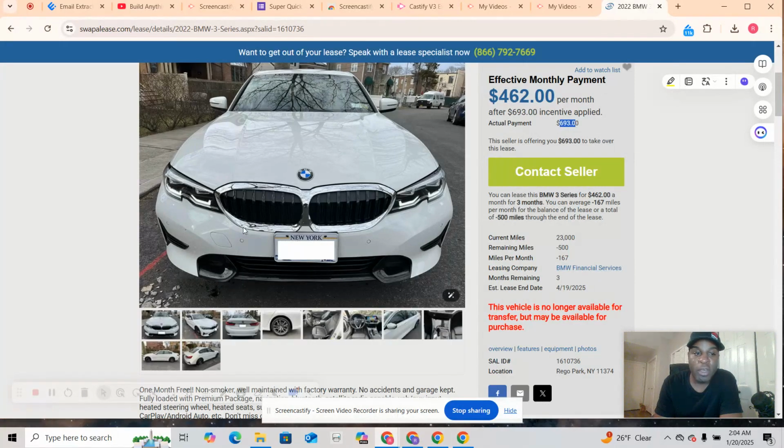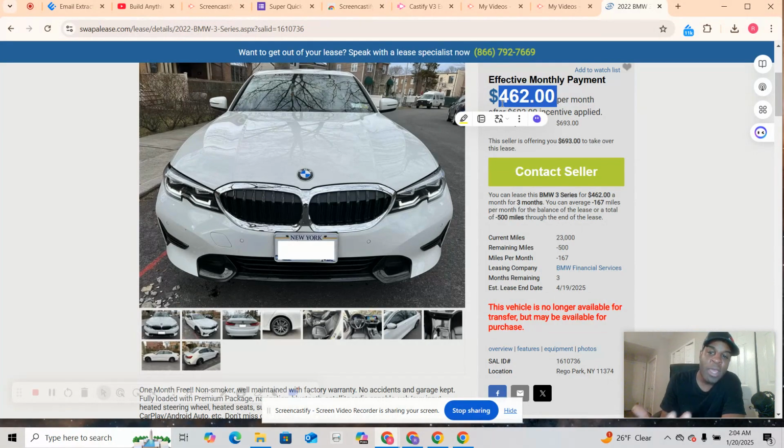You want to take over a lease with at least 6 months left on the payments, or maybe 3 months left. That way, when you're paying this, you're basically building up payment history, and it shows that you have an auto lease on your credit.